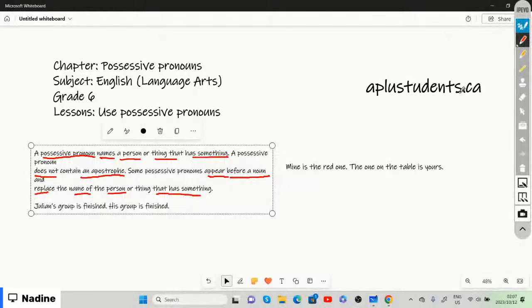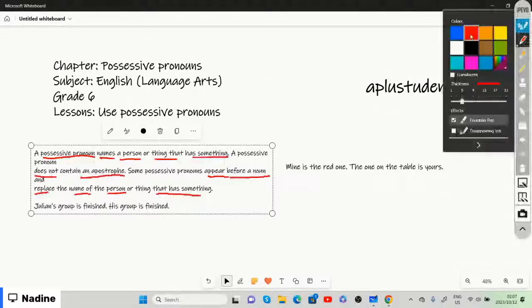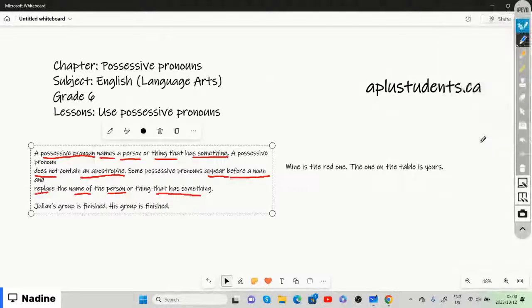If Julian's group is finished, then basically we say, his group is finished.